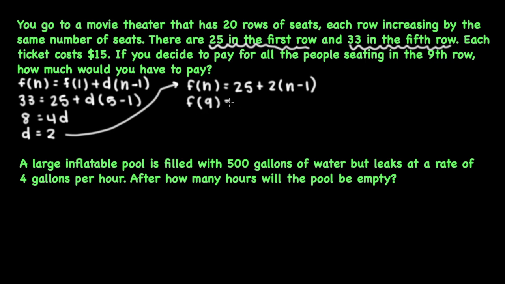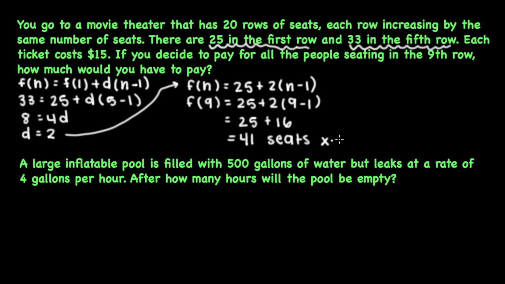So f of 9 is equal to 25 plus 2 times 9 minus 1. So that is 25 plus 2 times 8, which is 16, which is 41. So there are 41 seats in the ninth row. And if each seat costs $15, you will have to pay $615 for all the people sitting in the ninth row.